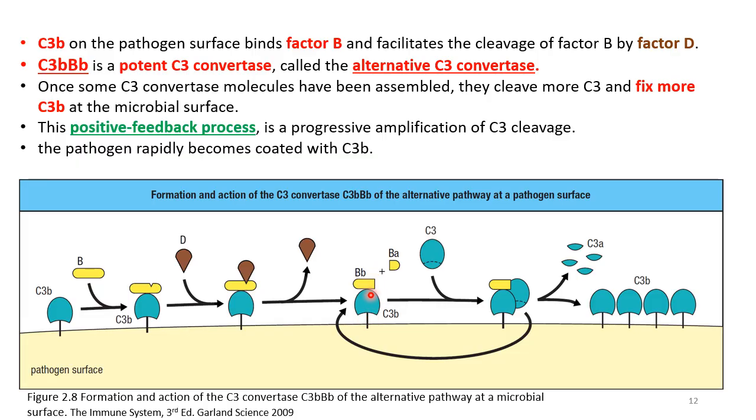So this one guy here is going to convert thousands of C3s into C3a and C3b. Okay? So one enzyme here is going to recruit a lot of C3s to get a lot of C3bs and a lot of C3as right at the site of your pathogen.